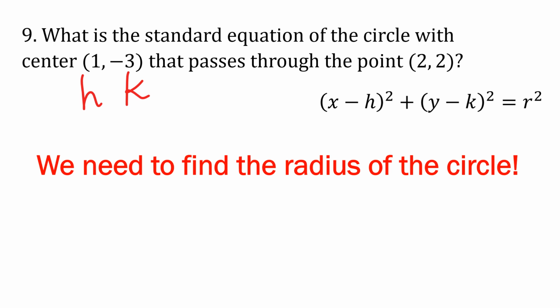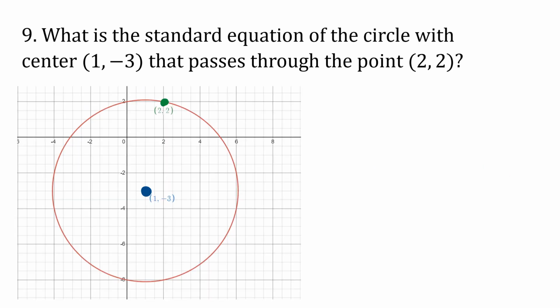All right, so let me show you my initial approach, and then I'll show you the easier way to do it. I was thinking, okay, well, here's the circle. The center is at 1, -3. 2, 2 is a point on the circle. So you would plot those 2 points and then maybe just sketch a circle. Here I used Desmos.